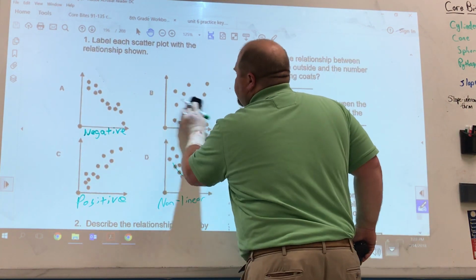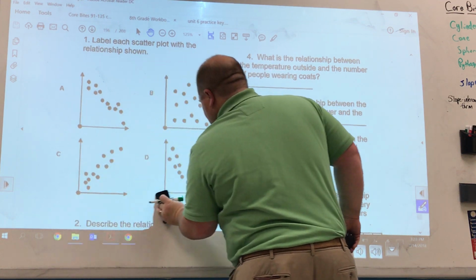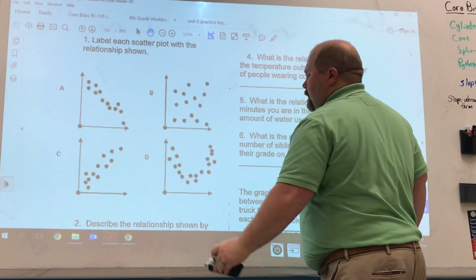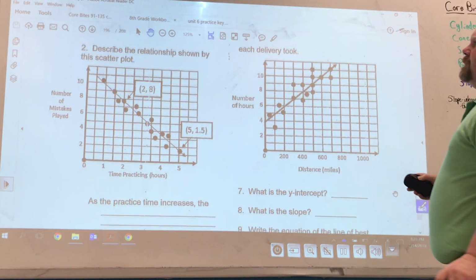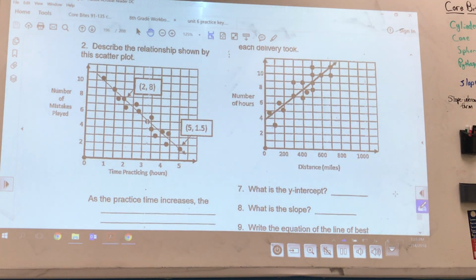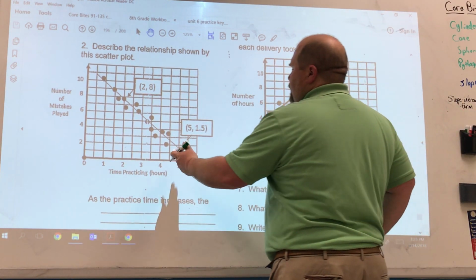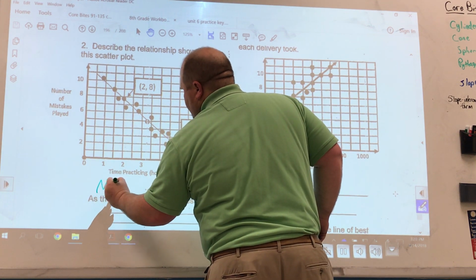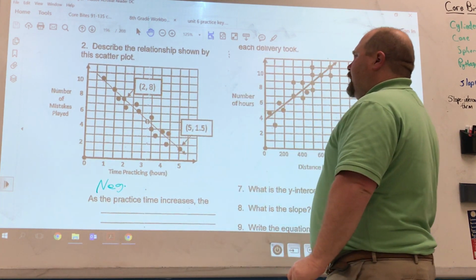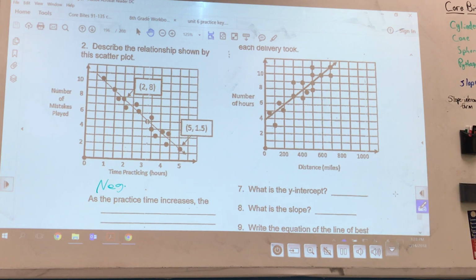Problem number 2. Describe the relationship shown by this scatter plot. Well, first of all, the relationship is negative. It's going downhill, x is increasing, y is decreasing. So I know that it's a negative relationship. Alright, and then it says, as the practice time increases, the blank.